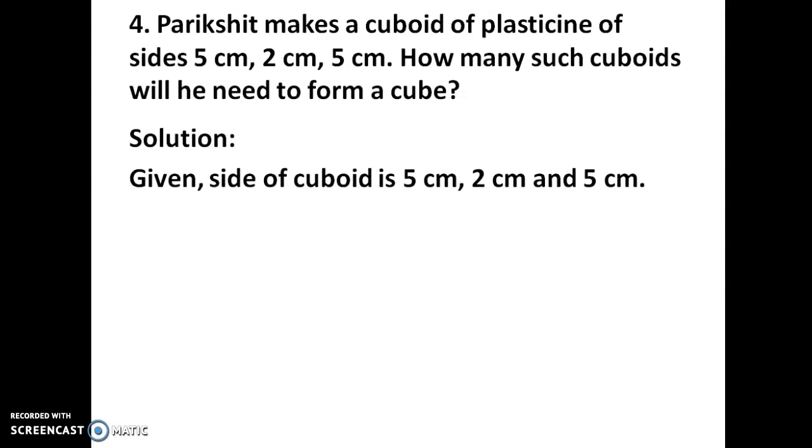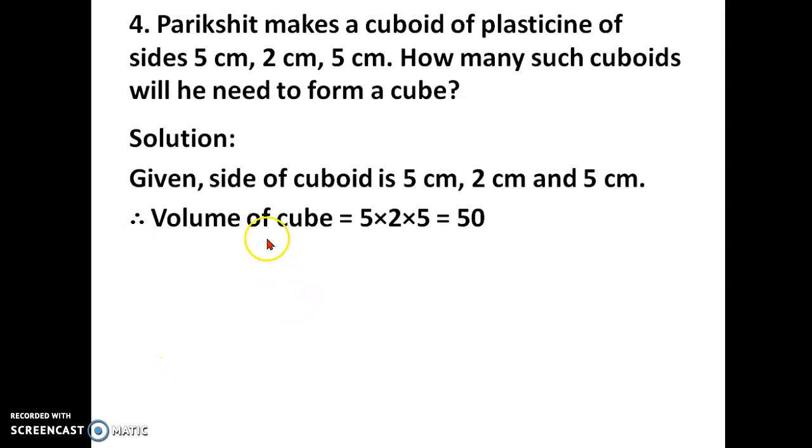Okay, so first let's start. The sides of the cuboid are 5 cm, 2 cm and 5 cm. And what is the volume? Volume you can find by the formula. Okay, so it is the multiplication of all sides. So it is 5 into 2 into 5.